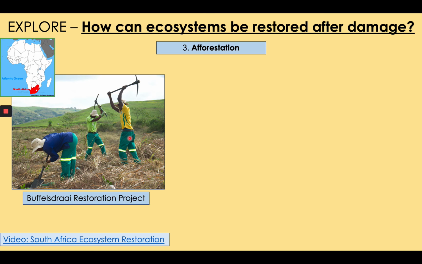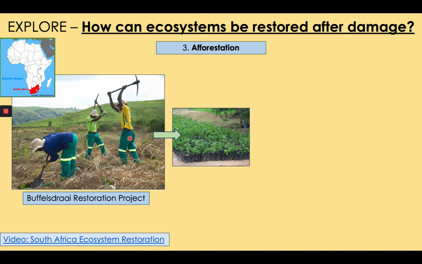And here's what happened. The local people, who are quite poor in this area of South Africa, were told, if you grow and plant lots of trees over the top of this landfill, we will give you free food in exchange in the form of oats and other healthy foods. And this really helped the people, so they had a reason to do so.